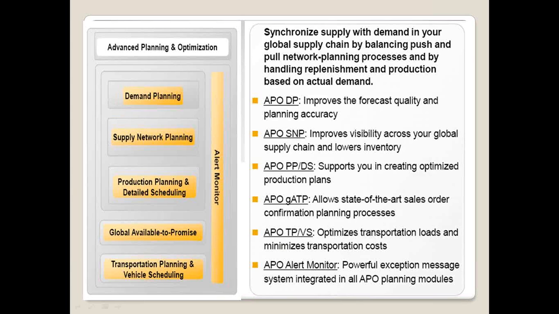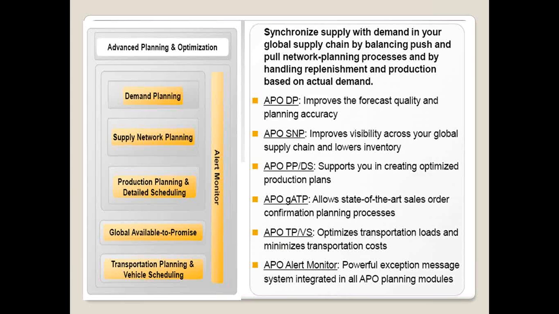Then PPDS. If you want to start your career as a PPDS consultant, you should have production planning domain experience and strong SAP PP experience. Then only you are eligible for the SAP PPDS module. Then GATP. For GATP also you should have strong SAP SD experience, in SD also ATP.